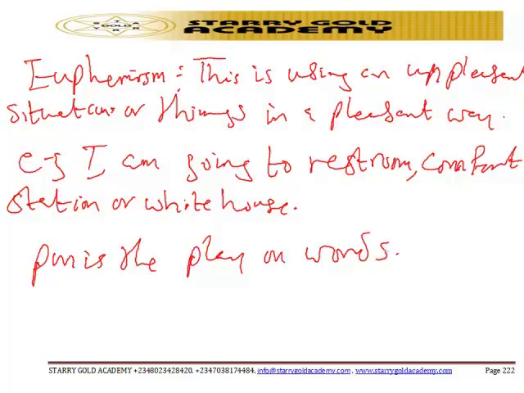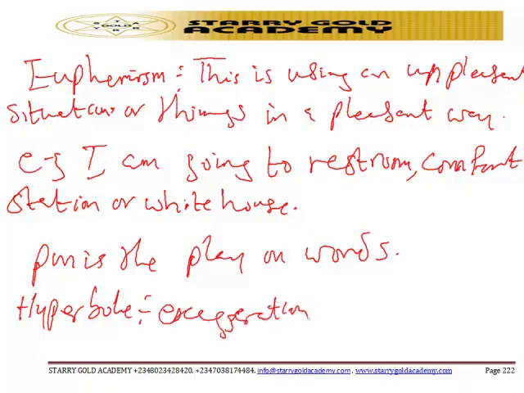We have another one, metonymy. We have a lot of them, but I just narrow it down to the ones that I normally use. And one that is popularly used as well is hyperbole. This is exaggeration or overstatement.